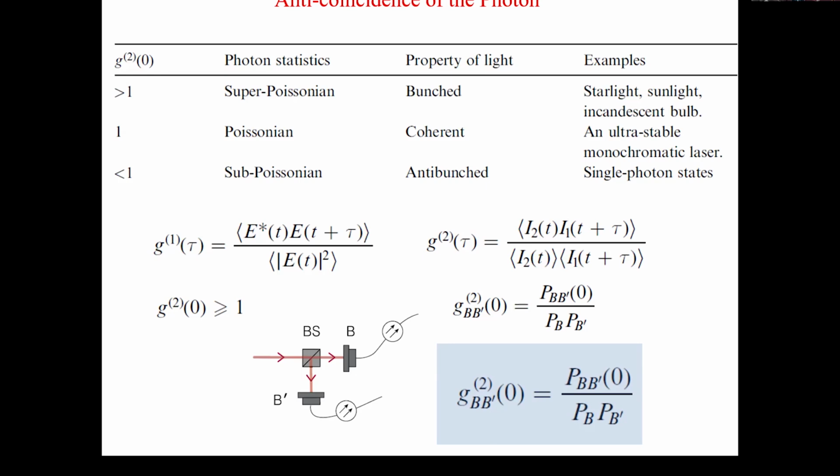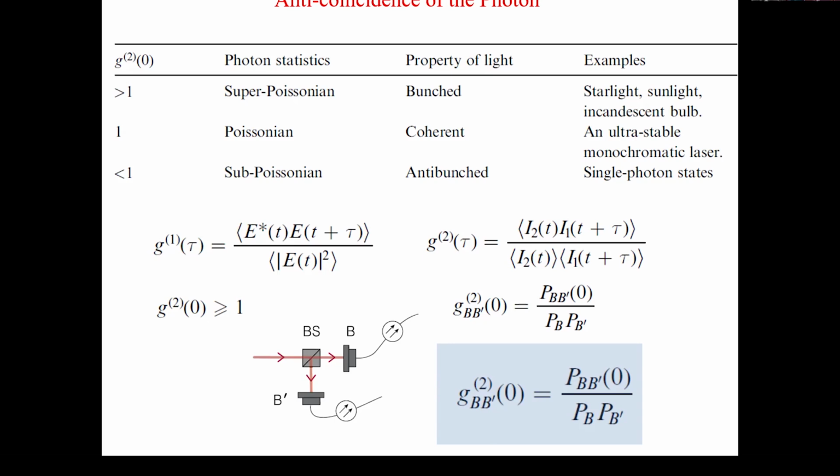So we want to make coincident detections between B and B prime at the same time interval, within say 1 or 2 or 3 nanoseconds. Whenever there is a photon hit on both detectors, you see there is a coincidence detection. So you want to measure the number of coincidence detections within the same time window.